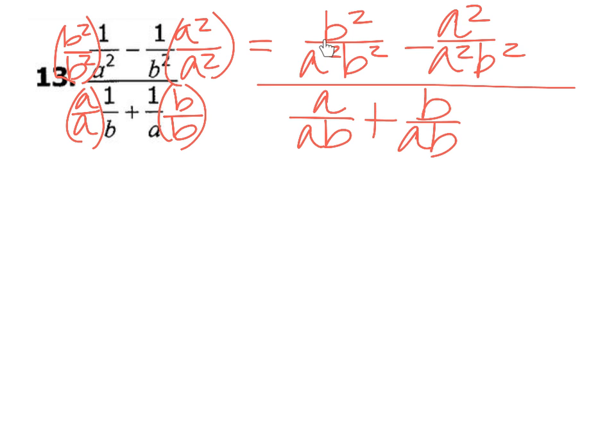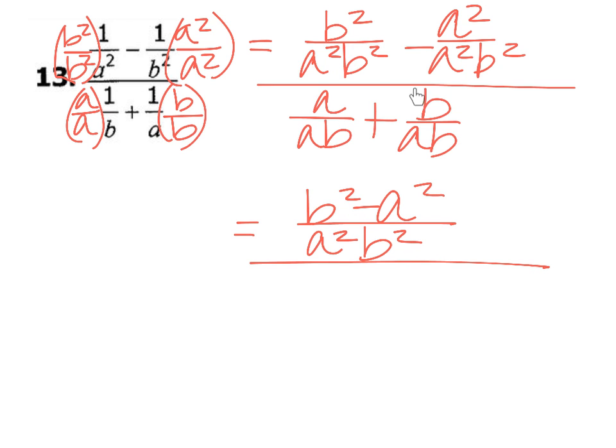Now, start with the top. We've got common denominators, so then it's just b squared minus a squared all over common denominator, a squared times b squared. All over. Now down here, we've got a plus b over ab.